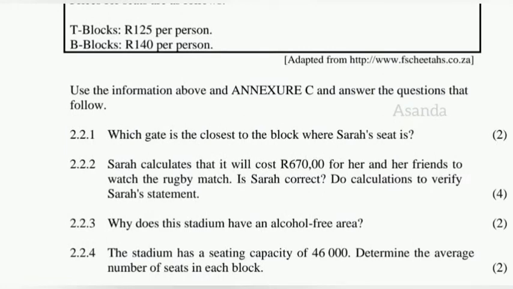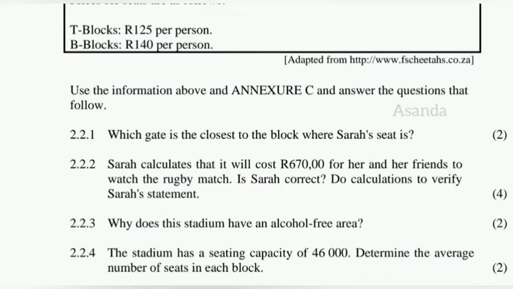2.2.4, the stadium has a seating capacity of 46,000. Determine the average number of seats in each block. So first of all, in each and every question, you have to ask yourself, what are they asking for? In this one, they are asking for the average. What is an average?